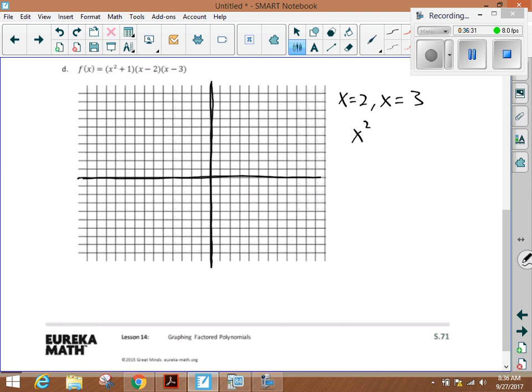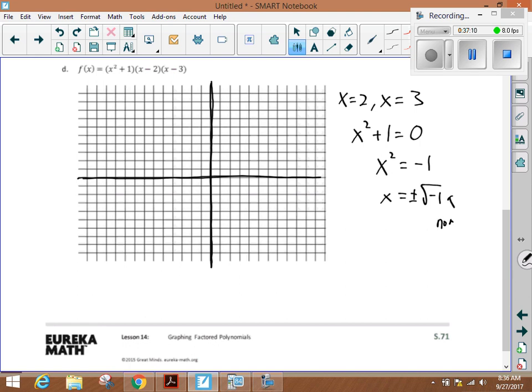But then I have this going on, and I've got to see, is that an intercept, right? So I will subtract 1 from both sides. Then I'll take the square root of both sides, and I wind up with this weirdness that, if you punch that into your calculator, it will tell you that this is a non-real solution.